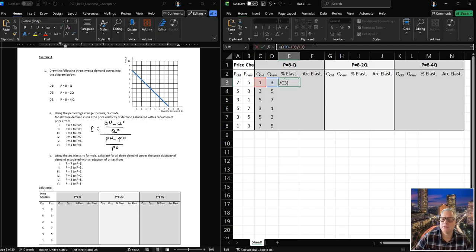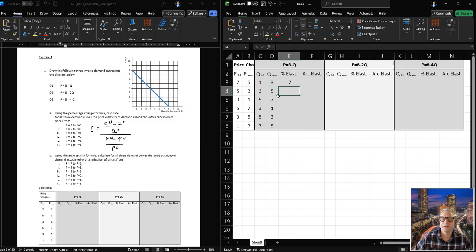And now we divide by the denominator. So let's open two parentheses. So now we do the same thing. So we take the new price minus the old, close parentheses, divided by the old, close parentheses. So now we should see a negative number, which is -7. So the elasticity is very elastic because it's up there.